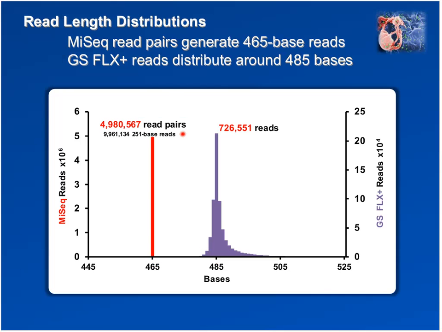Those read pairs came from approximately 10 million individual 251 base reads. And by contrast, the GS FLX Plus generated 727,000 reads, which distribute around the 485 base read length position, and that is because the amplicons that are sequenced on the GS FLX Plus have 10 base barcode sequences at each end, which adds 20 bases to the length of the read.